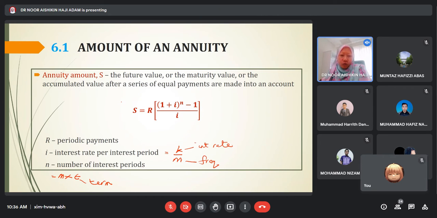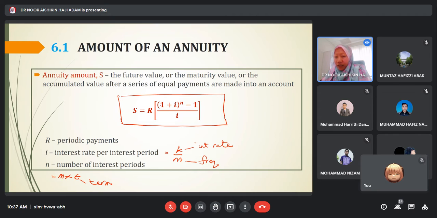Formula S equals R times 1 plus I to the power of N, and then you minus 1, and then you divide by I. Okay, you need to plug in or substitute all these symbols with the values. We have R, we can find I, and we know what M would be. Masukkan semua nilai-nilai itu dulu, and then you use your calculator.